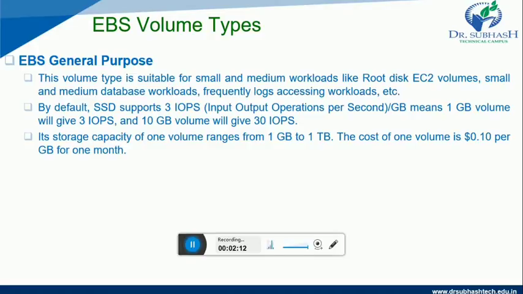Its storage capacity of one volume ranges from 1 GB to 1 TB. The cost of one volume is $0.10 per GB for 1 month. So this is general purpose EBS.